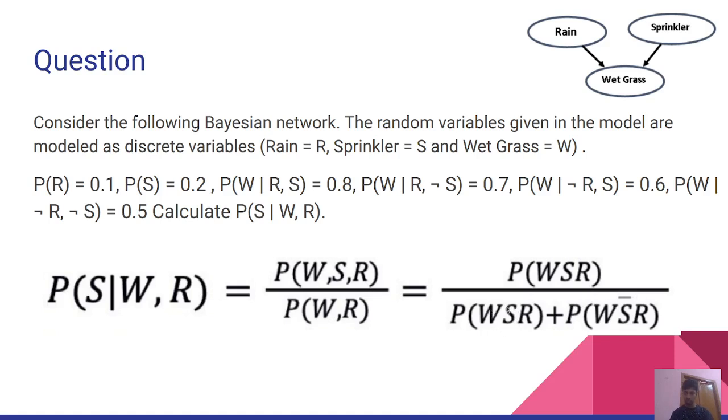They are actually getting added. If we add P of S and P of S prime, it is 1. That is why we are marginalizing, taking marginalization over S. All the values of S, here there are only two values. So basically W, S, R plus W, S prime, R, because there are two values.